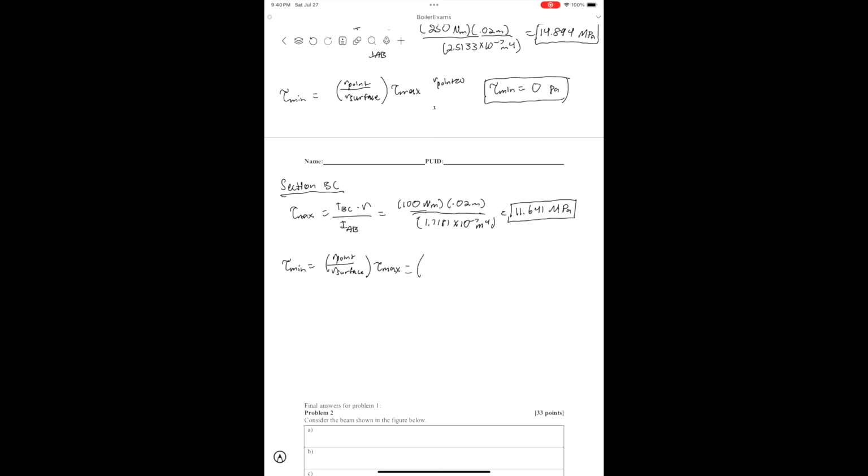So that's going to be 8.731 megapascals for the minimum shear stress in section BC.